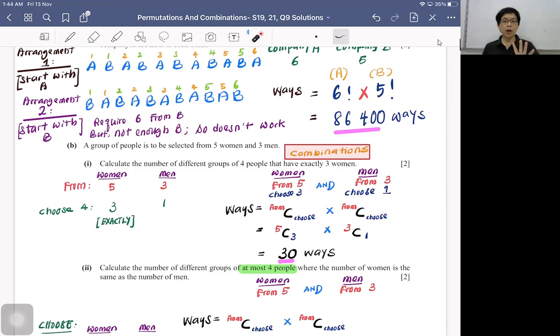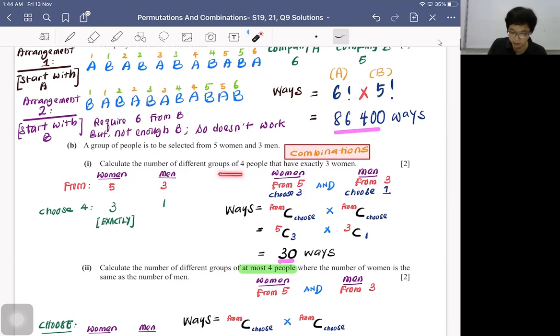Okay, now from the choices of the 5 women and 3 men, you just have to pick 4. You cannot pick all 8 of them. Too bad. From the 8, you are only allowed to pick 4. And not only so, a condition was imposed upon your choices.